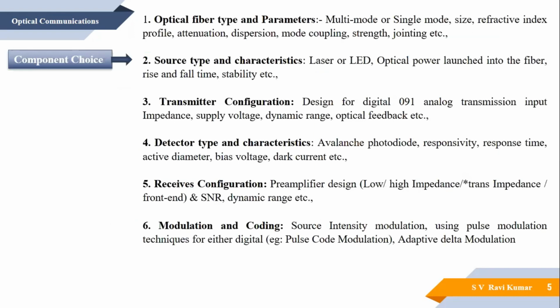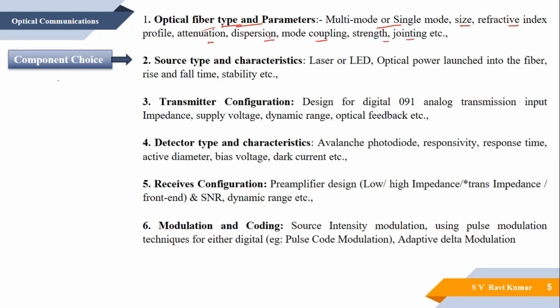And the other thing is component choice. We have different parameters here. While designing an optical system, what are the different components you need to take? When you take optical fiber type or parameters, you may have multi-mode or single mode fiber. And in the multi-mode or single mode fiber, you need to consider core size, refractive index profile, attenuation, dispersion, mode coupling, strength, jointing, like that.